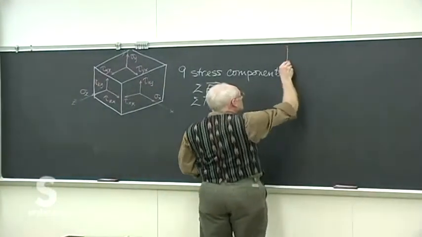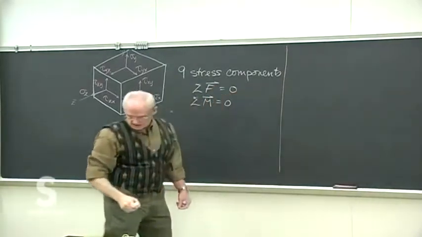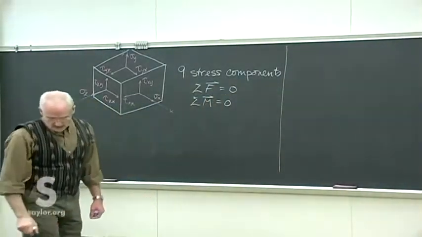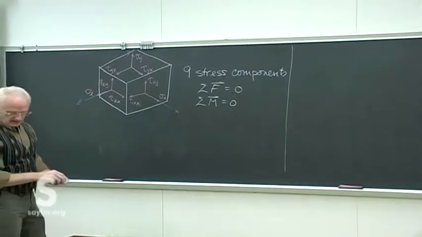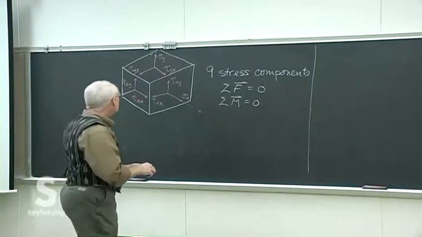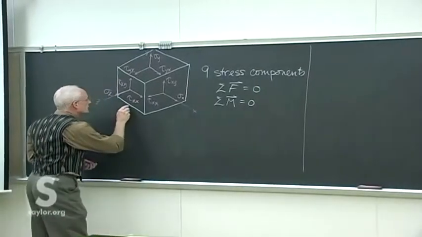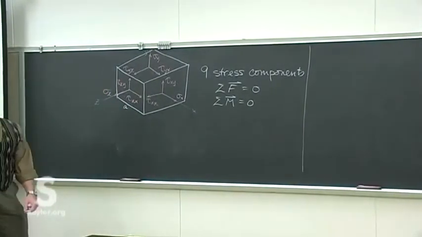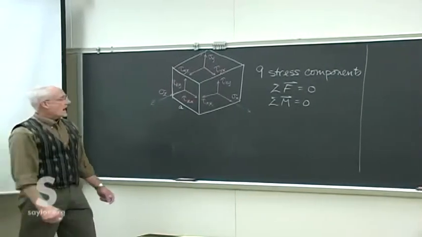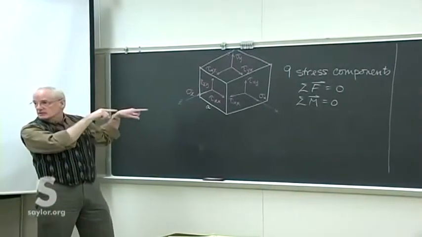All right, so we're going to generalize things even a little bit farther, make things a little bit easier for us. We're going to actually look at the force balance on these things. So let's imagine our cube has a length A on a side, and we're only going to look at it in 2 dimensions.